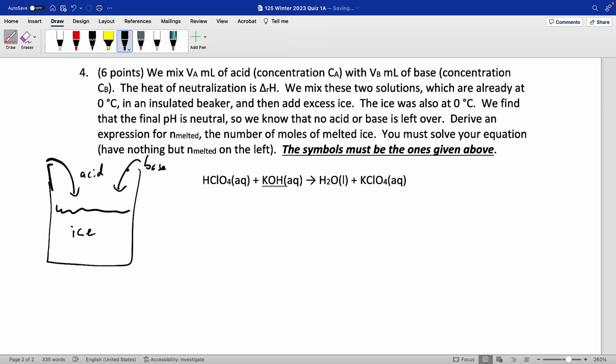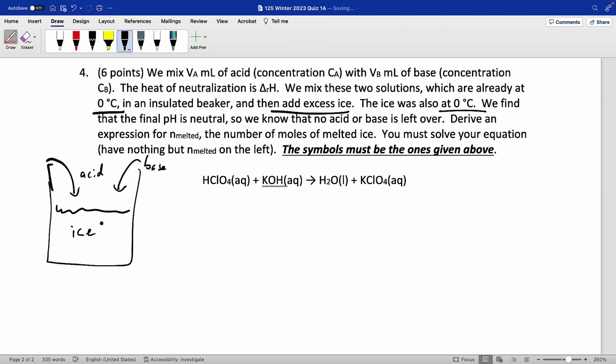So whether we mix this and add the ice, or add the ice and then mix it, either way it's the same. And the important thing here is the solutions are at 0 degrees C, and the ice was at 0 degrees C. So that means that really we don't have, and we know that not all the ice melts, right? We have excess ice.